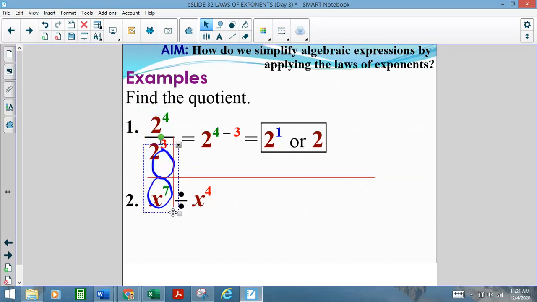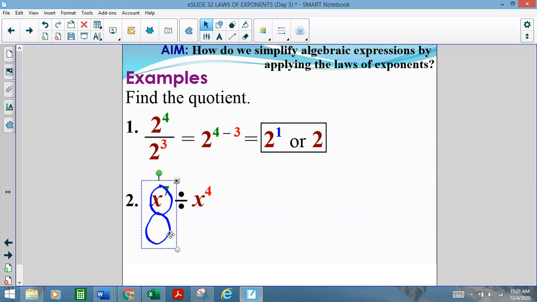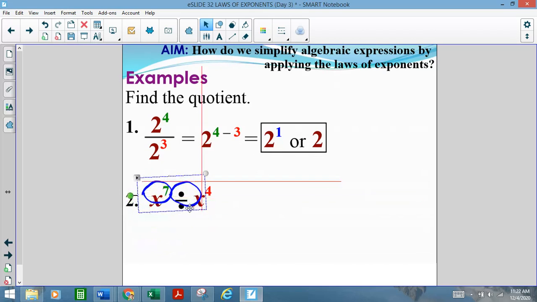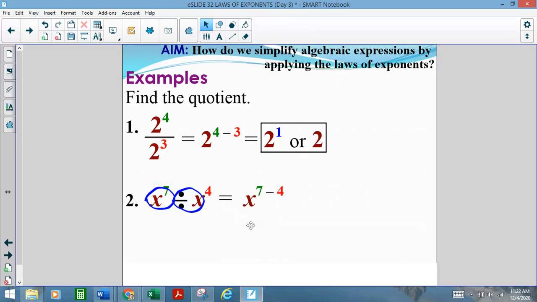Well, let's take a look. Here we have the x, and I'm going to go ahead and stretch this out, and we have another x. So yes, we have the same base. So we keep the base, subtract the exponents, and 7 minus 4 is x to the 3rd power.